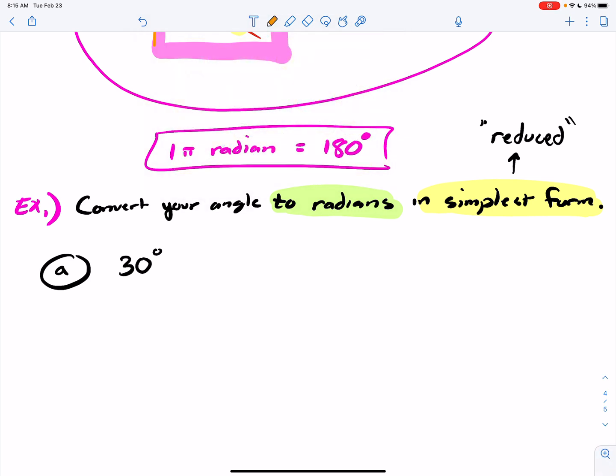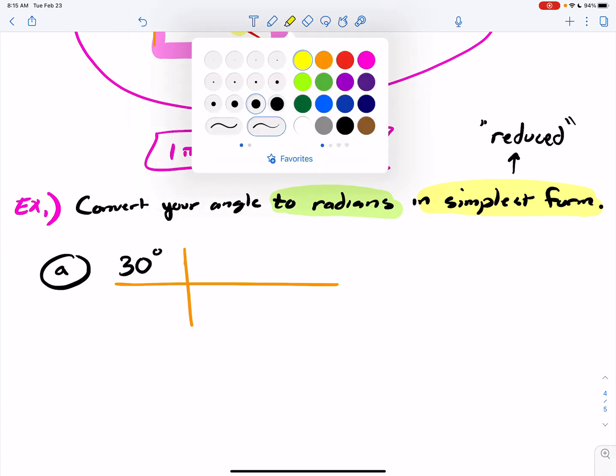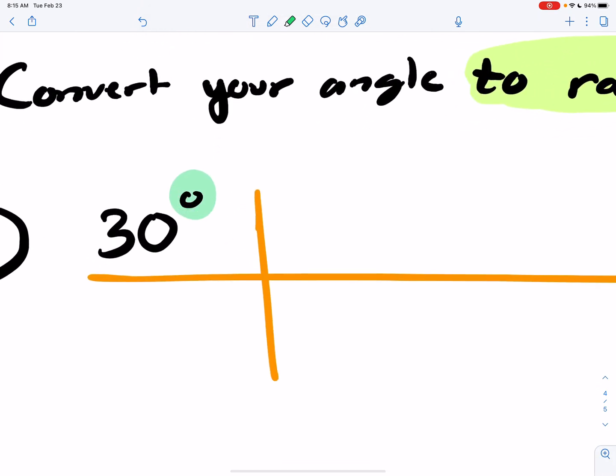So here's what you do. Some of you, I'll do it both ways, and I'll let you guys decide which way you're more comfortable with. So in chemistry, there's something called that T-chart, right? It's really to separate your numerator and your denominator. So your eyes are going to go here first. Let me just show you. You're going to take a look at the units. That's degrees. So right away, you want that down here.